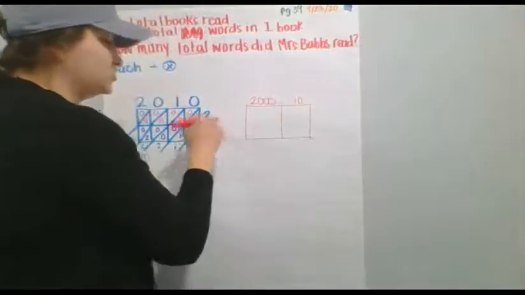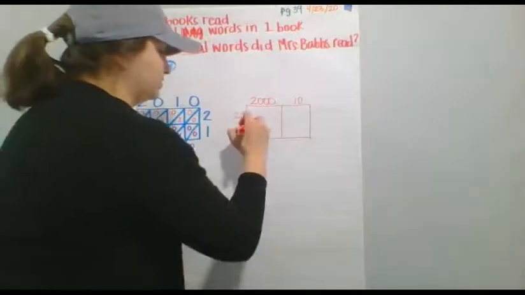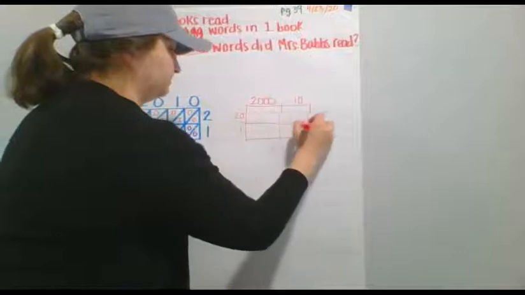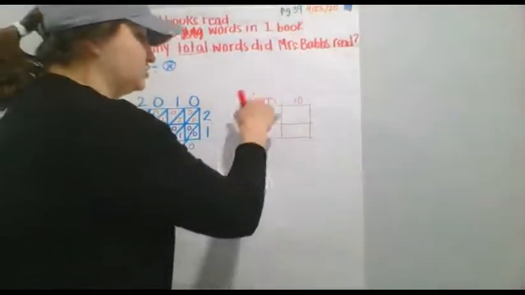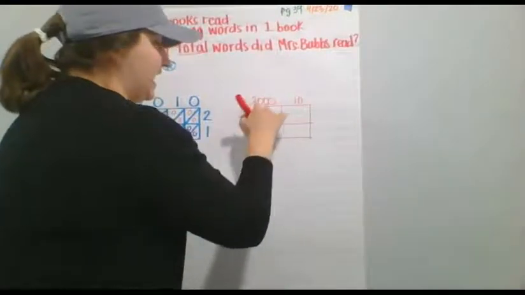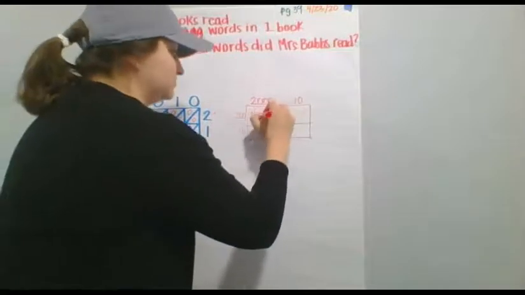And then same thing, the 2 represents 20. The 1 represents 1. So now I'm going to multiply these numbers together. 2 times 2 is 4. Add your 3 zeros, or 4 zeros.